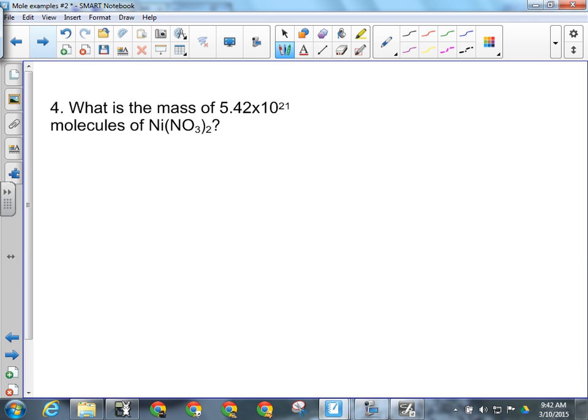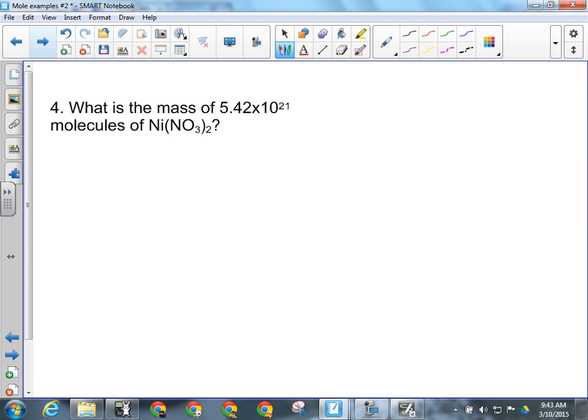Fourth one. We want to find the mass of a certain number of molecules. Avogadro's number is always tied to the number of moles. In this case, I have to use Avogadro's number and the number they give me to find the number of moles. Avogadro's number tells me how many molecules are in a mole, and I know how many molecules I have. So how do I get the number of moles?